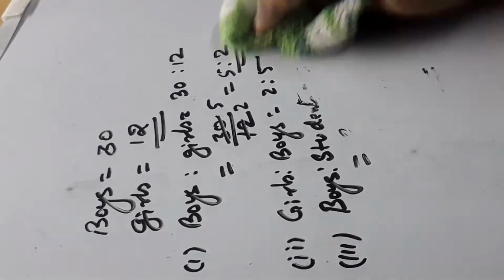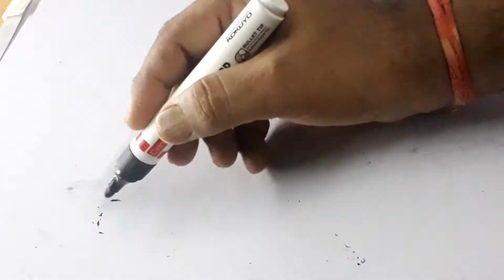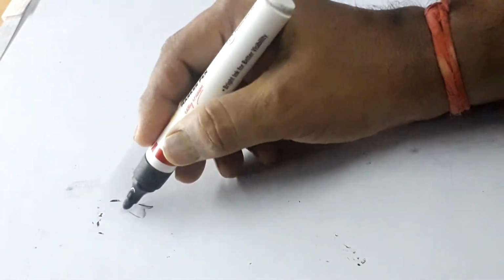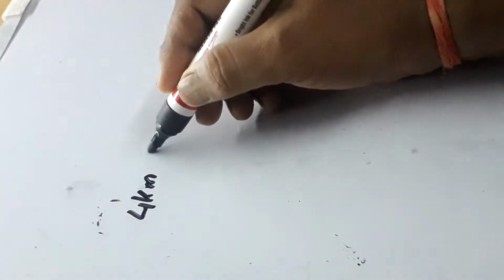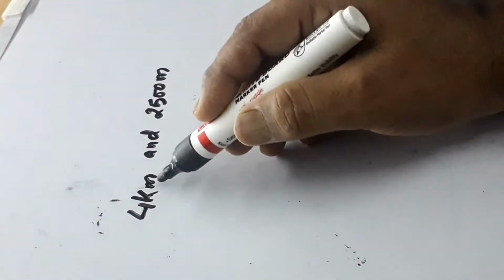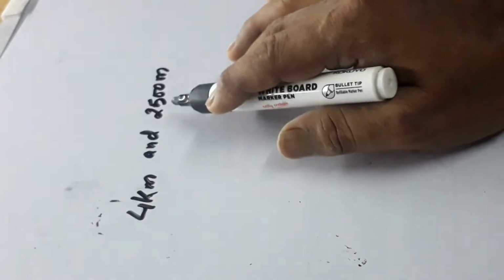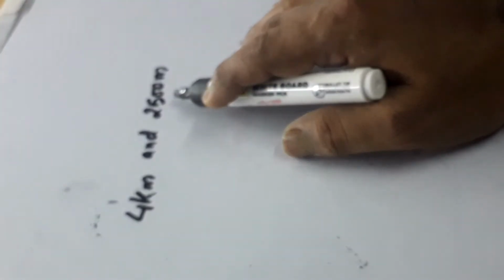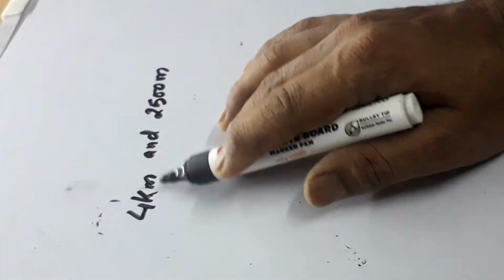Let us take some more examples. Suppose we want to find the ratio between 4 kilometer and 2500 meter. Here they are of similar quantity, but their units are different.